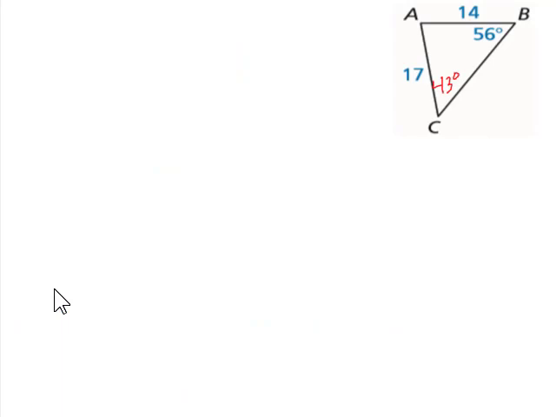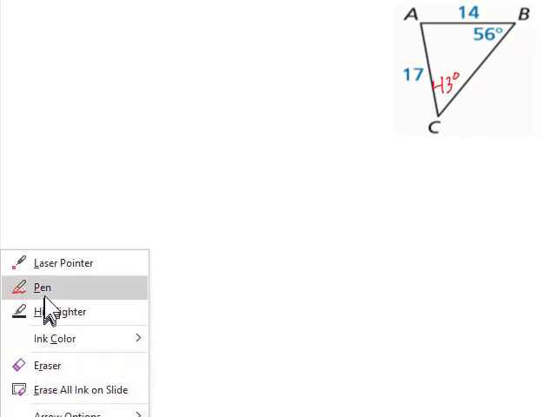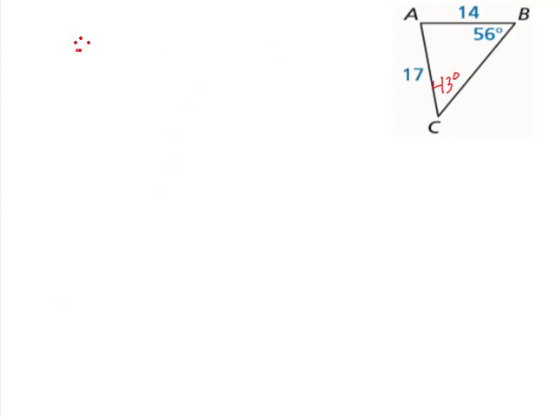Alright, so we just figured out that the measure of angle C is approximately 43 degrees, so now we can find the measure of angle A by using the triangle sum theorem. Since we know that the sum of the measures of any triangle will always add up to 180 degrees, we can write that the measure of angle A is equal to 180 minus the sum of the two other angles, 56 plus 43.